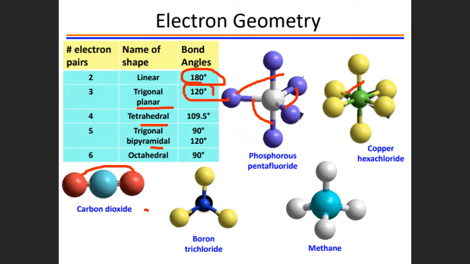Like here, which one is the tetrahedral? I think this one. And we have trigonal planar 120, tetrahedral 109. Linear 180, this one I think. Octahedral 90. So we have electron pairs, the shape of their structure, planar, and the bond angle.